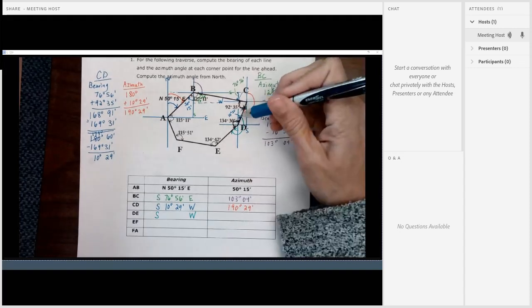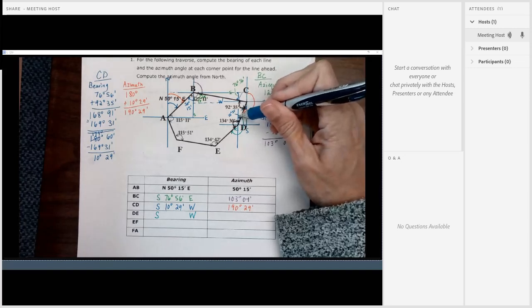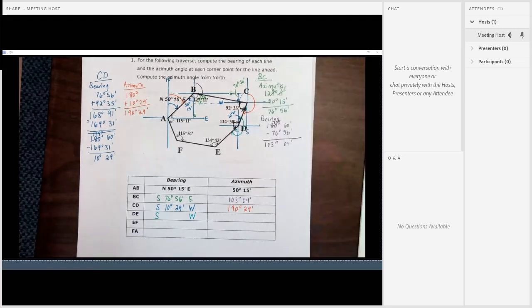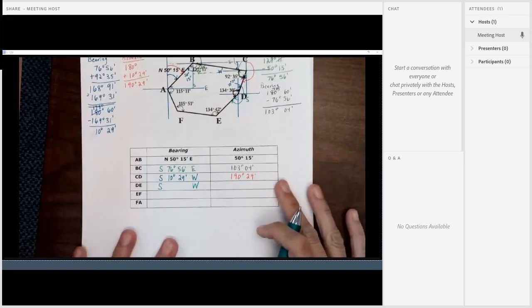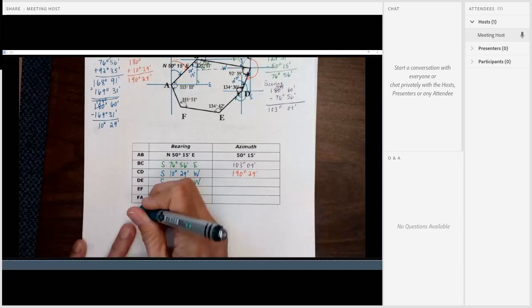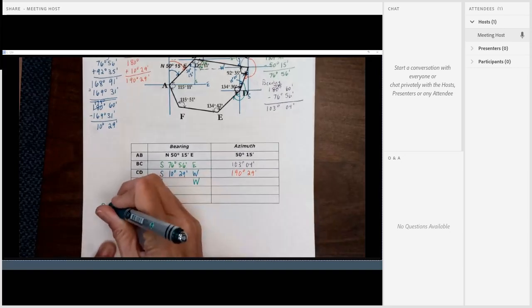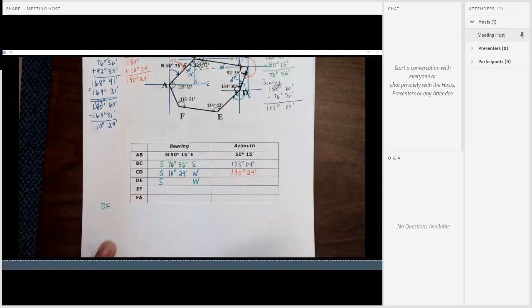I could also go ahead and subtract that 10 degrees, 29 minutes, and then kind of try to figure out what that difference is from 360. So I think I'm going to go ahead and do it that way for DE. So let me put that down here. Slide it down a little bit. DE. So we're going to go ahead and start off by finding the azimuth.